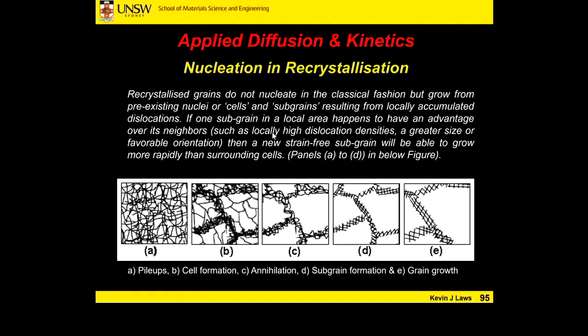If one of these subgrains in a local area happens to have an advantage over its neighbours, such as a locally high dislocation density, a greater size or favourable crystallographic orientation, then a new strain-free subgrain will be able to grow more rapidly than surrounding cells. Over time, some of these cells have a higher dislocation density.